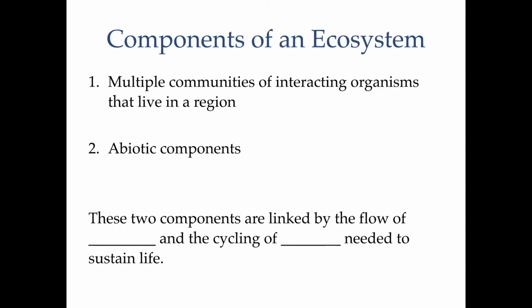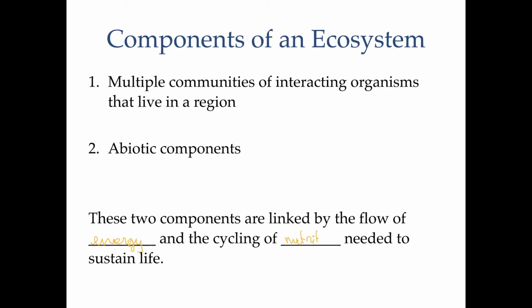But then we also have an abiotic component that we should take into consideration when we are talking about an ecosystem. Those two components are going to be linked by two things: the flow of energy and the cycling of nutrients.